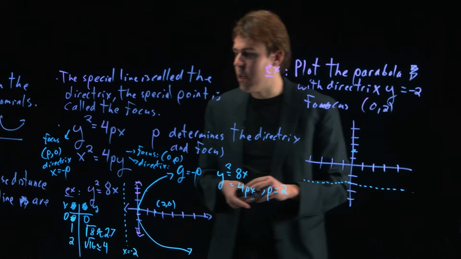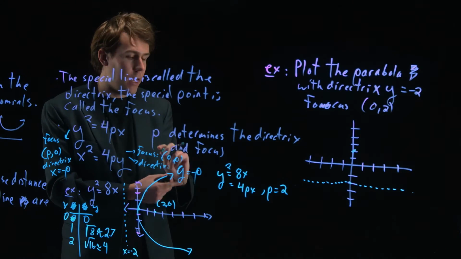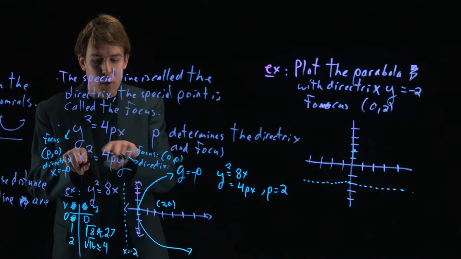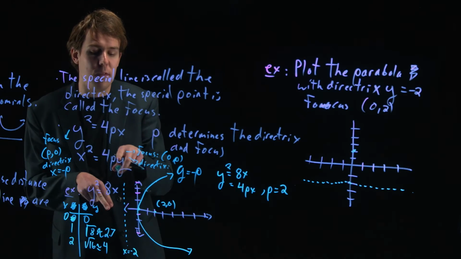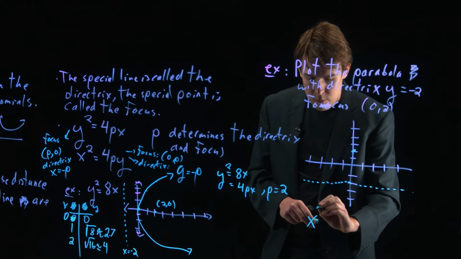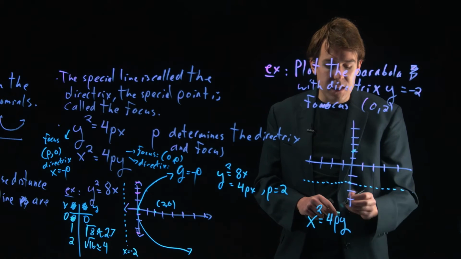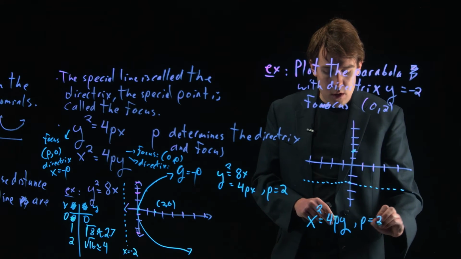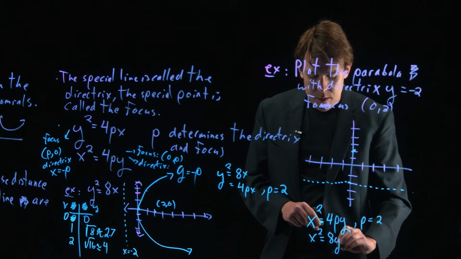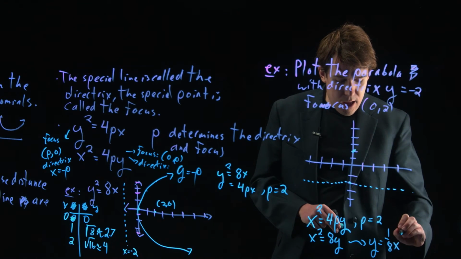And now let's just look at the situation. If I have my directrix of the form y equals negative p, and the focus is of the form 0, p, which this is, then I'm looking at something of the form x squared equals 4p times y. So my formula will be x squared equals 4p times y. And in this case, p is equal to 2. So I'm looking at x squared equals 8y. Now, if you wanted to write this in y equals form, you could write it as 1/8 x squared.